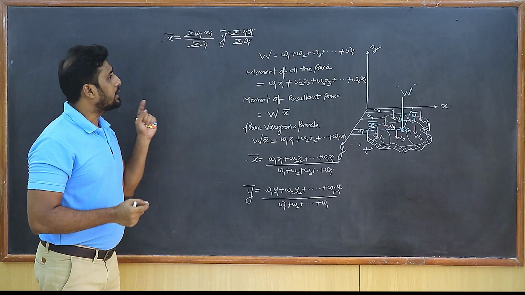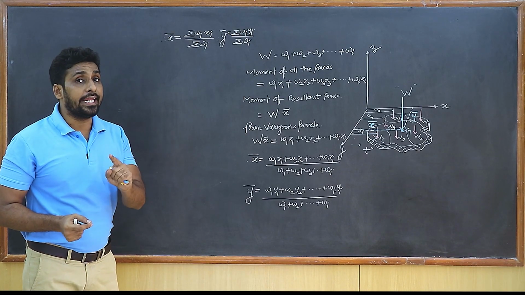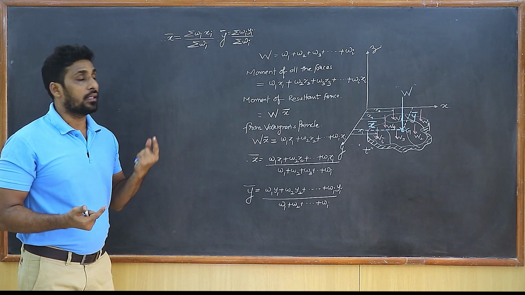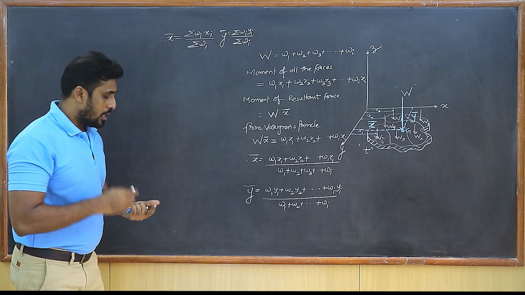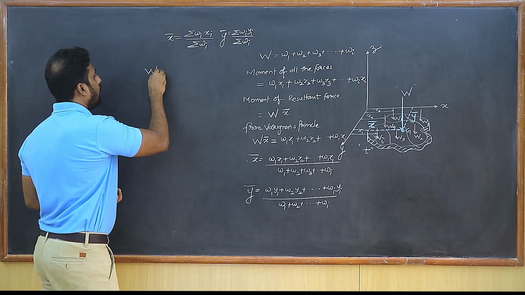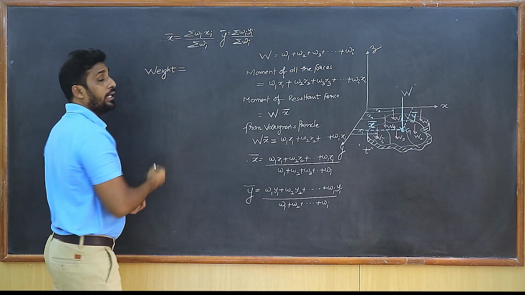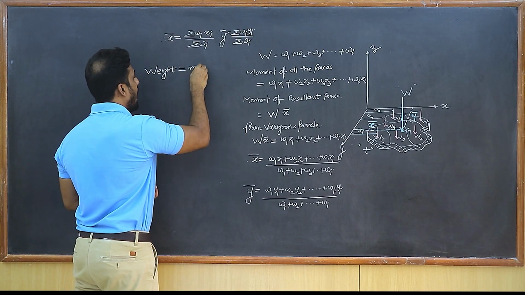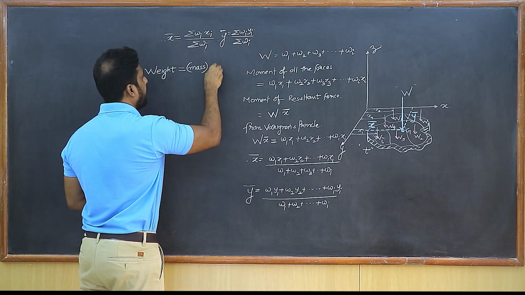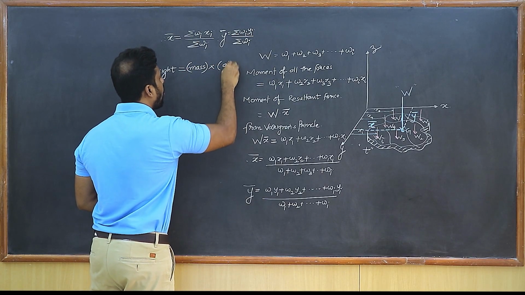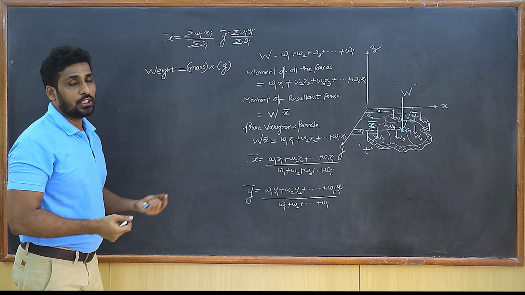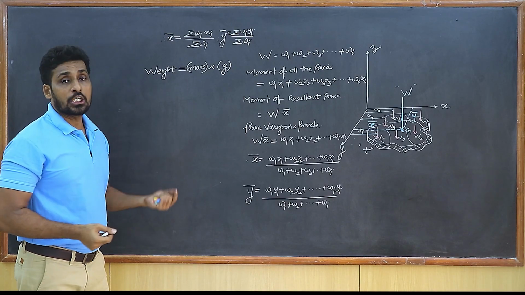Now I'm going to get the same formula in terms of area. So let's try and understand how to get the formula in terms of area. Don't you recall that the weight of the body is nothing but the mass of the body into the gravitational constant g?